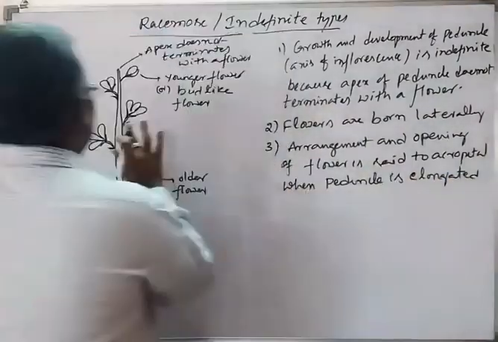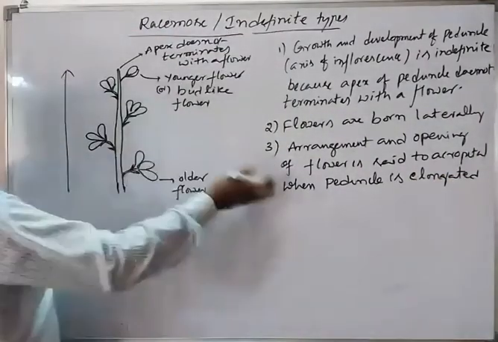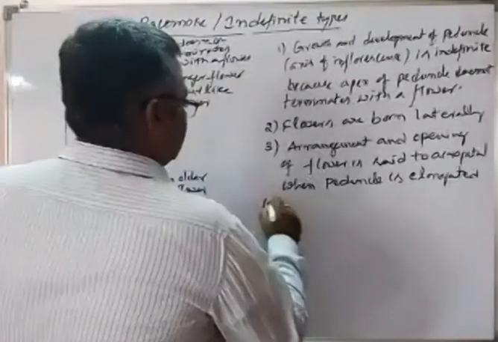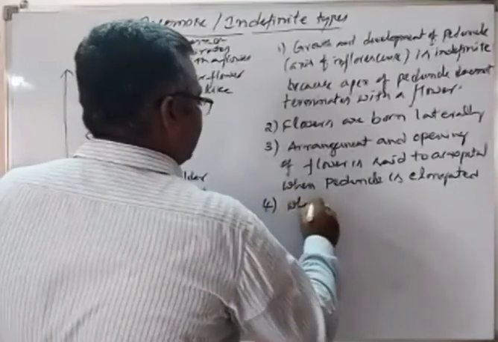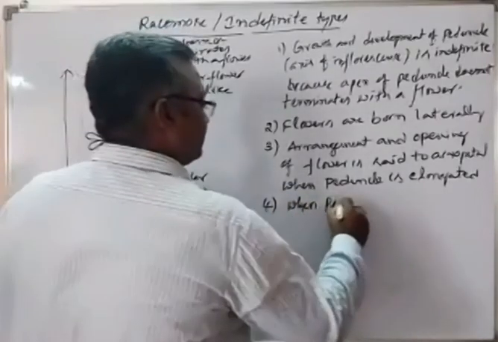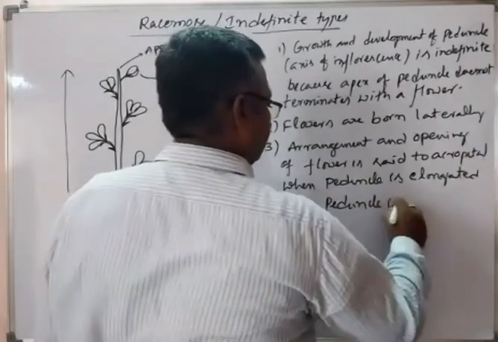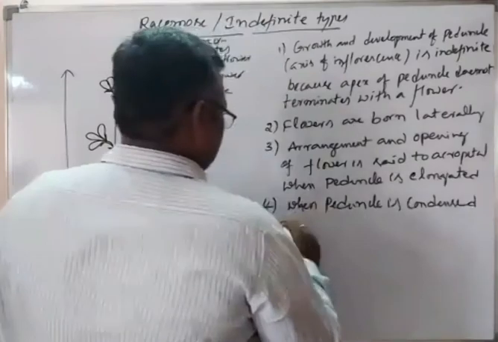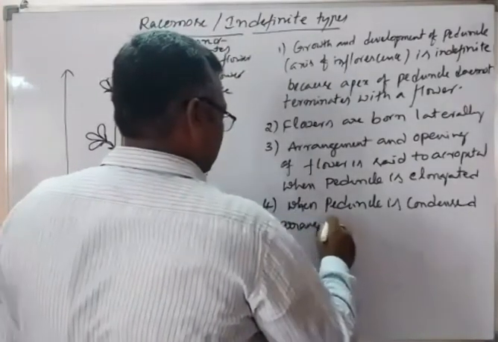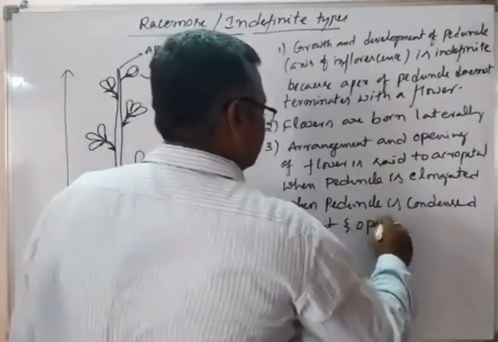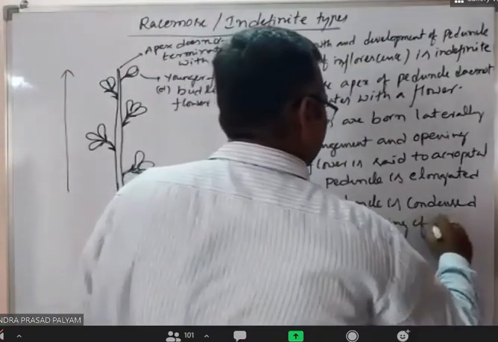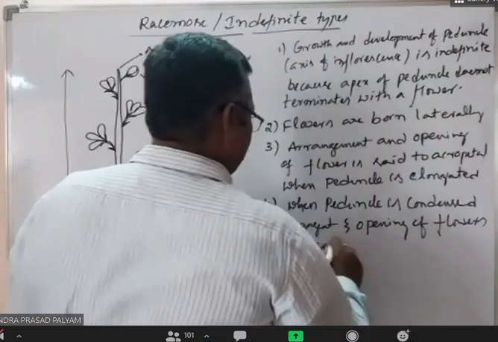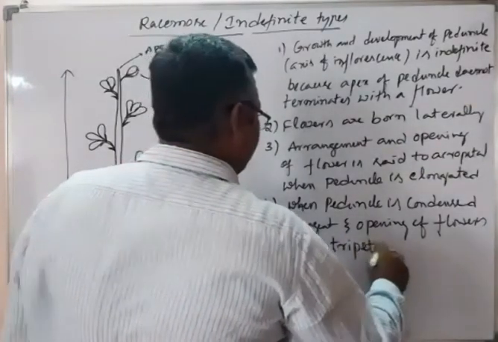Here the peduncle is elongated, so the arrangement and opening of flowers is acropetal. Whereas when the peduncle is condensed, arrangement and opening of flowers is centripetal. Don't be confused. These are very, very important.